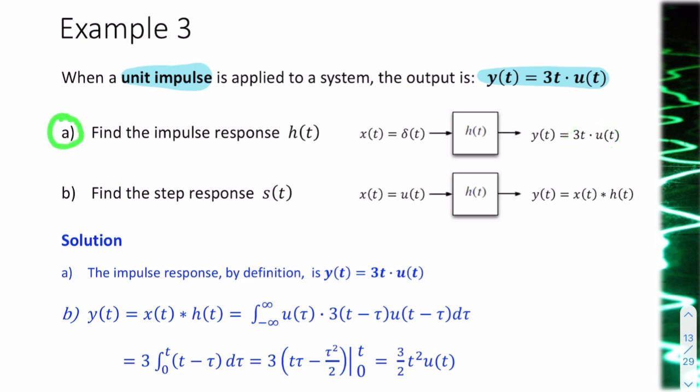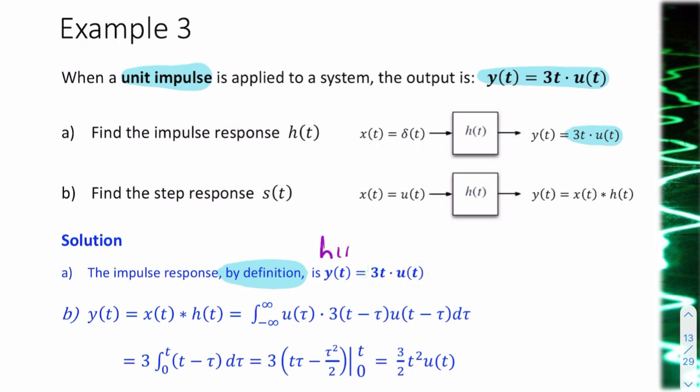Part A, find the impulse response, h of t. Well, the impulse response is given right there. By definition, it's the output when the input is an impulse, and that is an impulse, so therefore that is my impulse response.